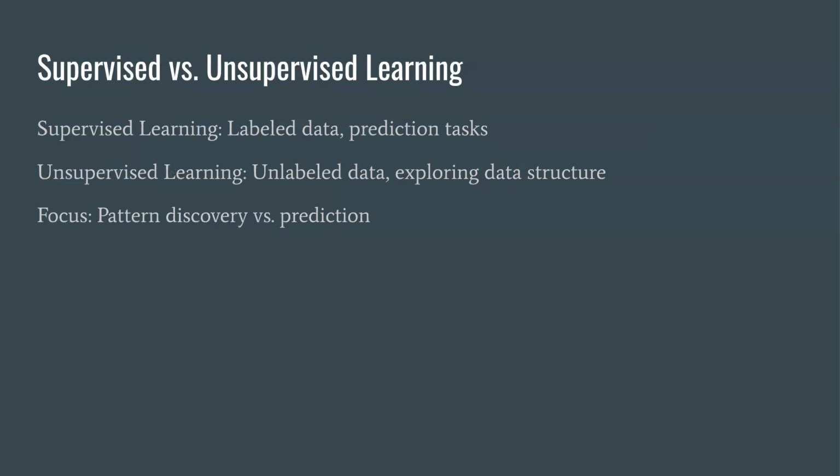On the other hand, unsupervised learning works with unlabeled data, and the goal is to explore the underlying structure of the data without any predefined labels. So this makes it powerful for tasks like clustering, where we want to group similar data points, or dimensionality reduction, where we want to simplify the data while retaining its essential characteristics.